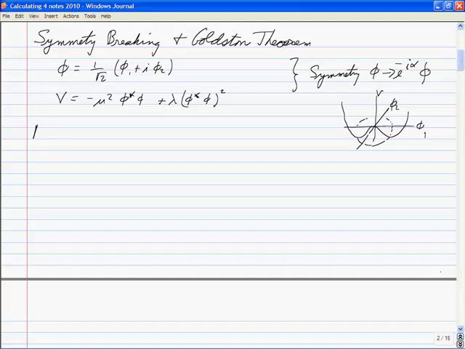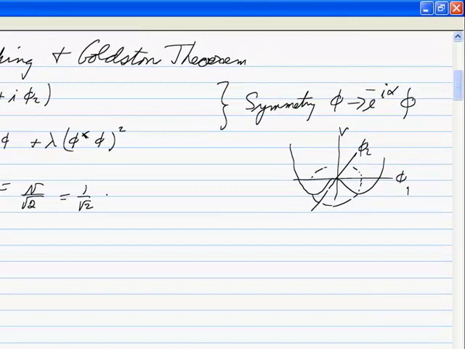And so the minimum energy state is when phi is, in this case, v over the square root of 2, which is 1 over the square root of 2 times mu squared over lambda. Okay. And the square root of 2 is just a normalization choice connected to the root 2 in the definition.